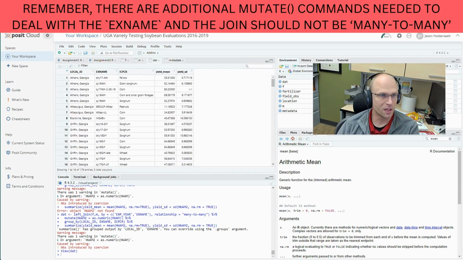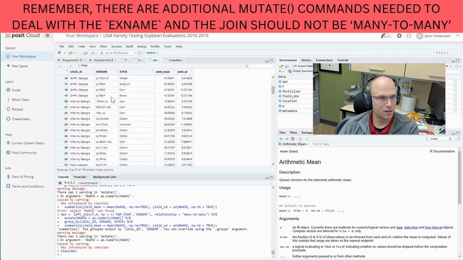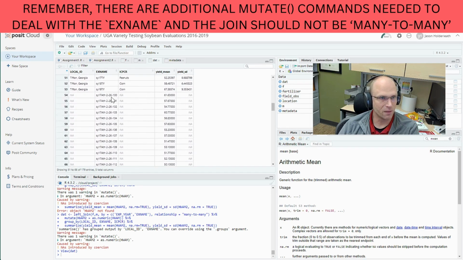Okay, so if the local ID is Athens, and the experiment name is dry17ath, and the ICP CR is fallow, then the mean yield was 33 with a standard deviation of 5.71. Now that shouldn't have been that way, and those shouldn't be that way. So let's look into that.